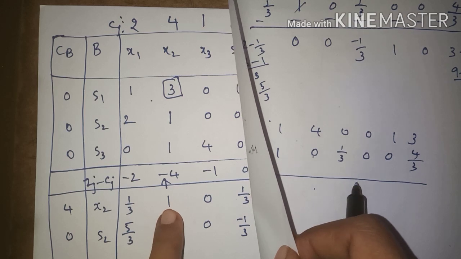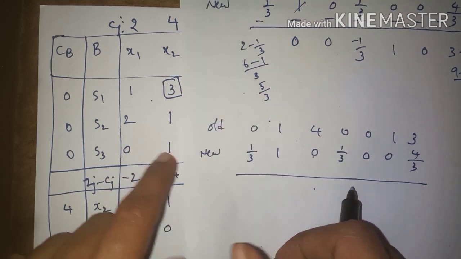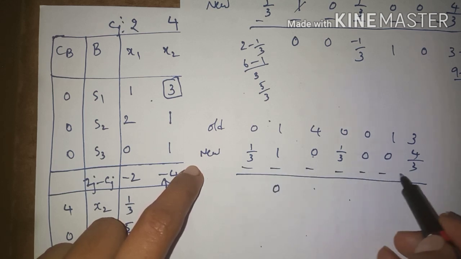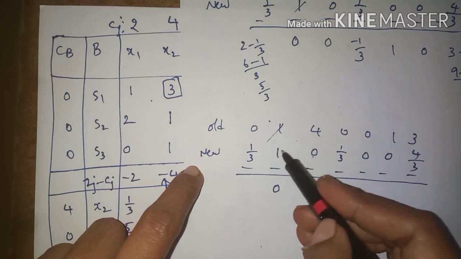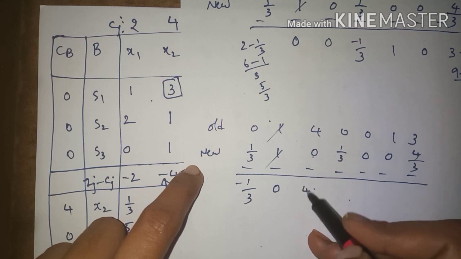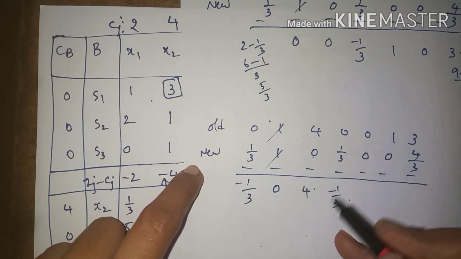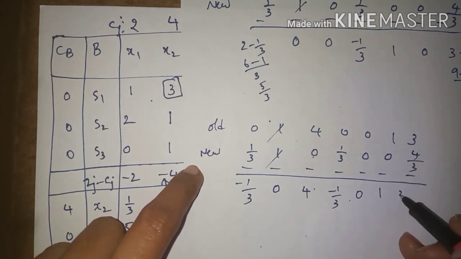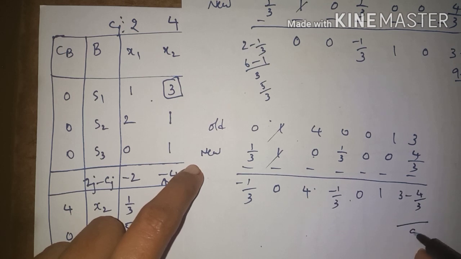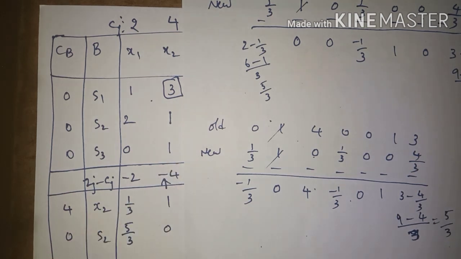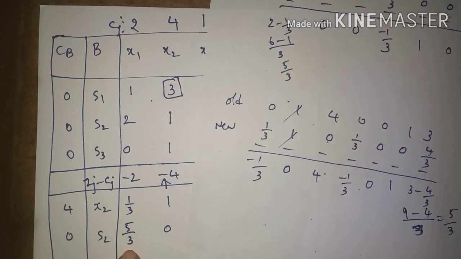In which place do I have to get 0? I have to get 0 here in this place, the second place. To get 0, shall I add or subtract? I have to subtract. While subtracting, we need to change the signs. Plus 1, minus 1 get cancelled, 0. 0 minus 1 by 3 is minus 1 by 3. 4 minus 0 is 4. 0 minus 1 by 3 is minus 1 by 3. 0 minus 0 is 0. 1 minus 0 is 1. 3 minus 4 by 3: LCM is 3, 3 3s are 9 minus 4 is 5 by 3.